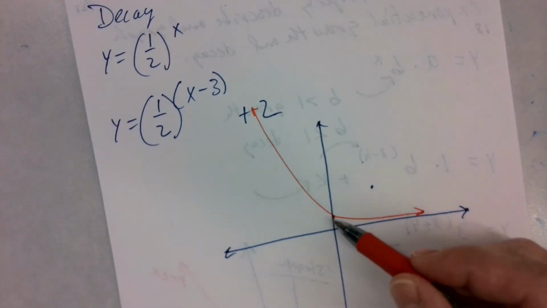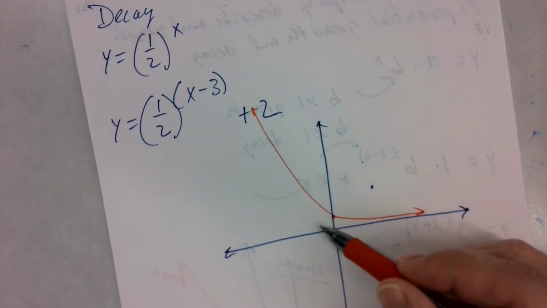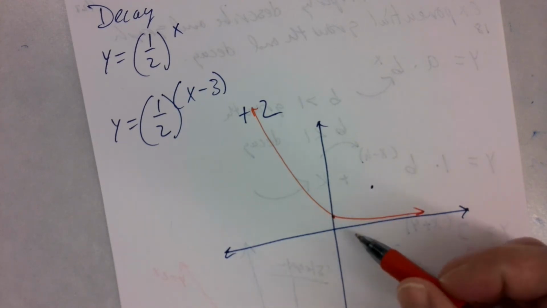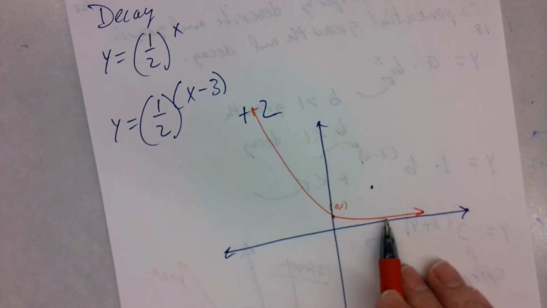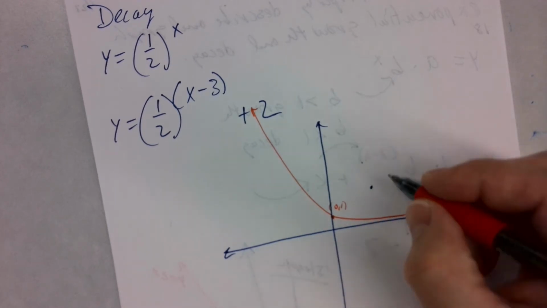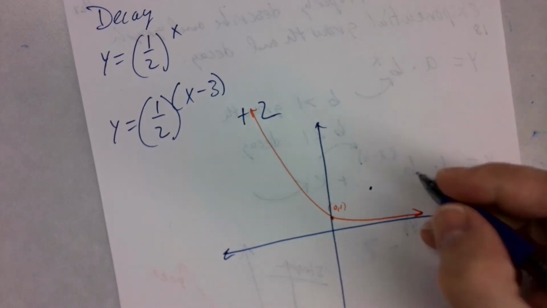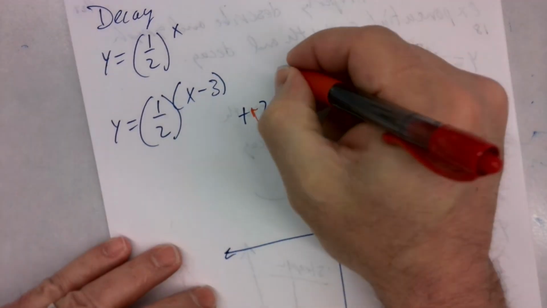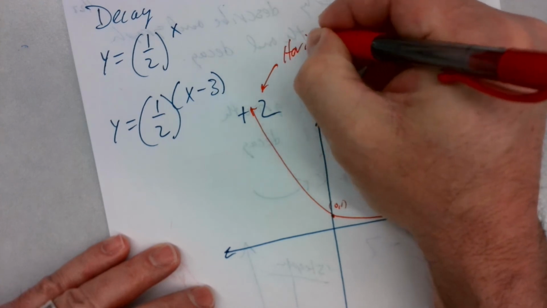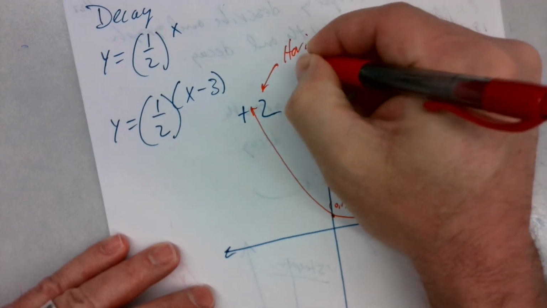Actually, wait a minute. That point is at 4, right? So I started at 0, 1. I went right. No, it's at 3. Because this was 0, 1, right? And I moved right 3 and up 2. Doesn't that put me at 3 and 3? Right? 3 and 3. Which means my asymptote, this, is also known as your horizontal asymptote.